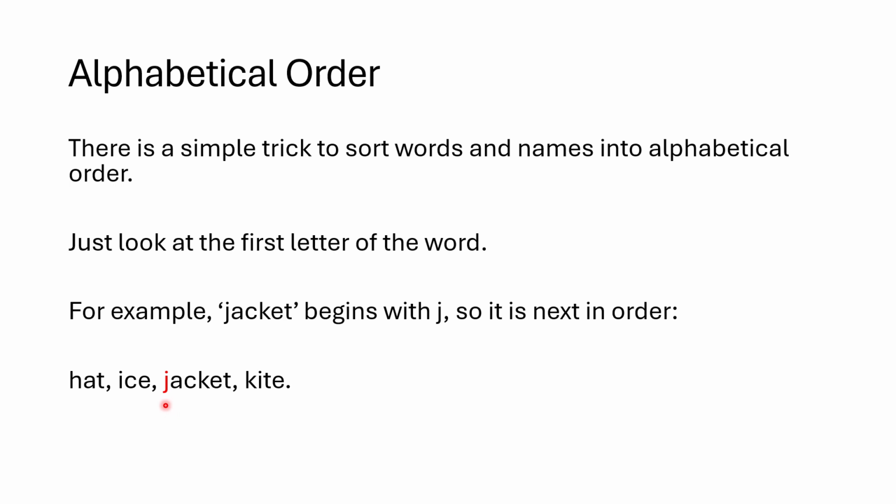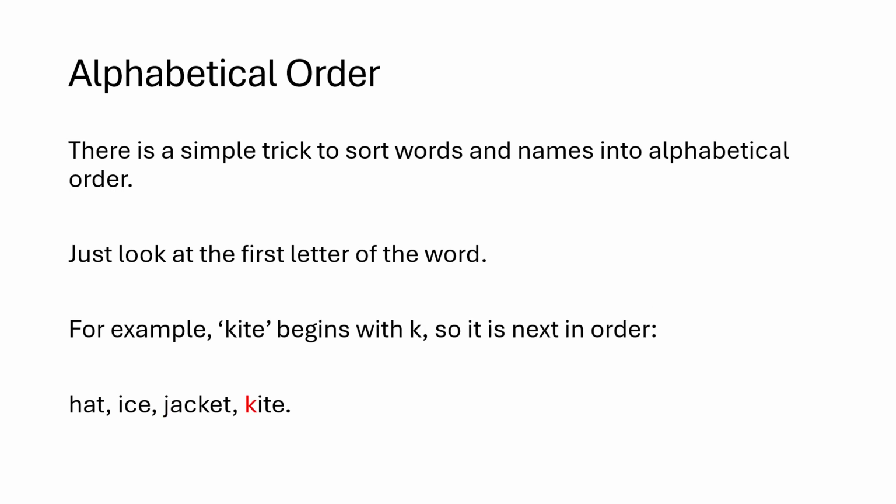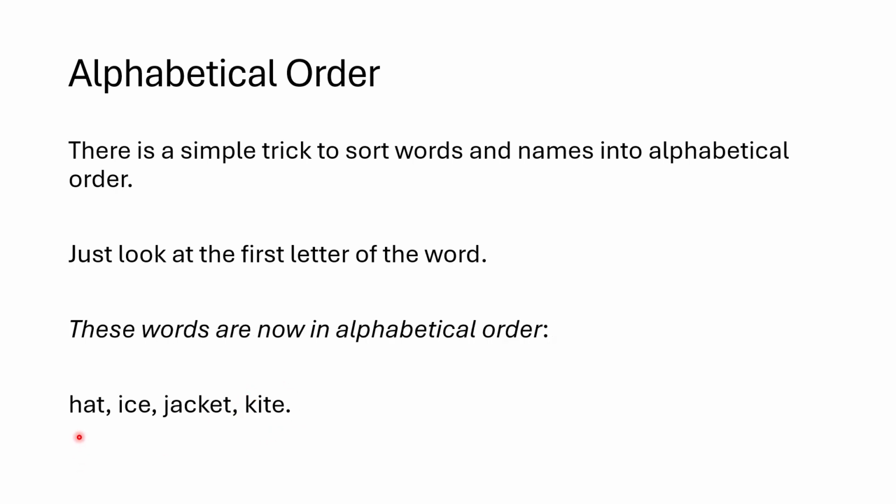Jacket begins with J, so it is next in order. Kite begins with K, so it is next in order. Hat, ice, jacket, kite. H, I, J, K. These words are now in alphabetical order.